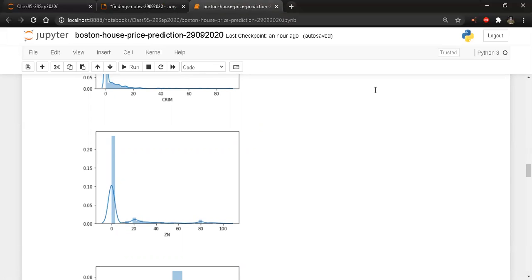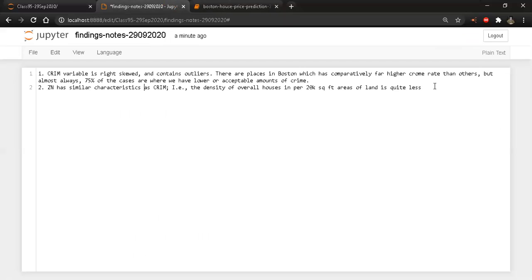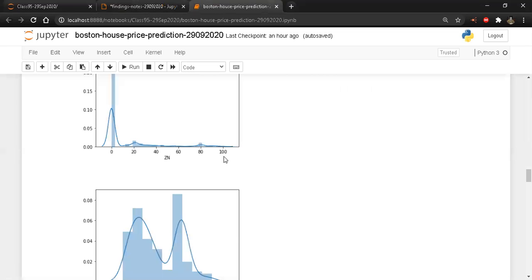Since I can say the density of overall houses per 20,000 square feet areas of land is quite less overall in Boston. Hence, we may say that it is not a place where we will see an overcrowded setup of homes, right? But it is not really a uniform kind of distribution. But this is a good distribution.